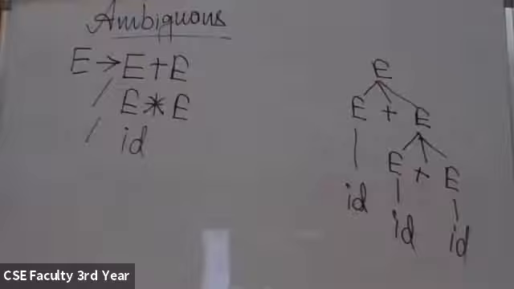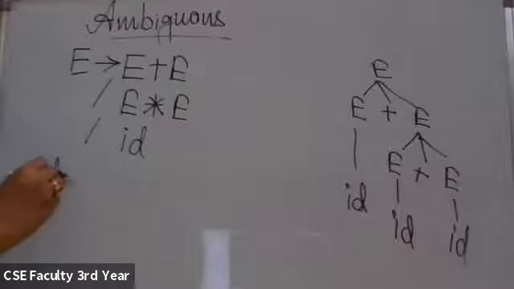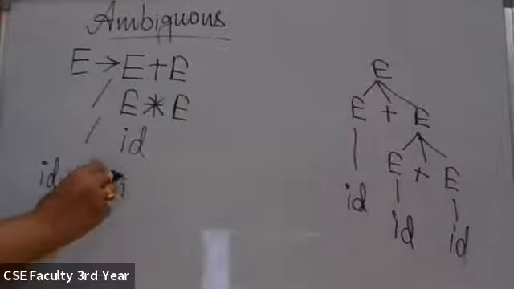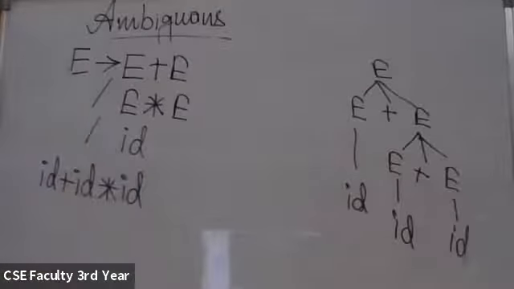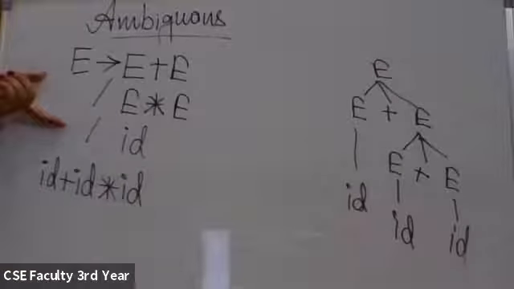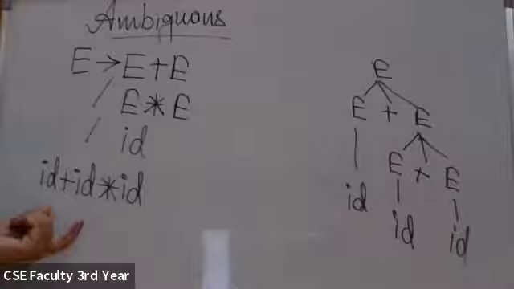So now if the input is ID plus ID into ID, then please draw the parse trees that you are getting for this one using this grammar. The input is ID plus ID into ID. You will get two parse trees.